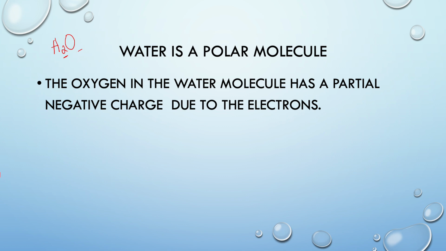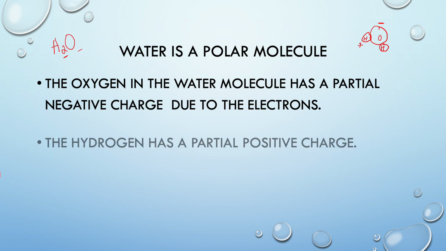When you look at a water molecule, you have your oxygen and then your two hydrogens. This is my hydrogen. This is oxygen. The oxygen is going to have a partial negative charge, and my hydrogens have a partial positive charge.